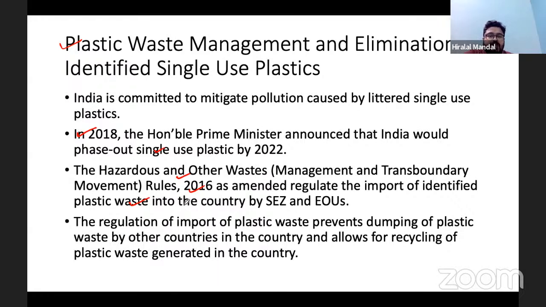All right, so that's one thing that has been done. There is also regulation so that dumping cannot be done in the country. Dumping of plastic waste should not be done in the country. For that, the regulation has been done, and it allows for recycling of plastic waste generated in the country.